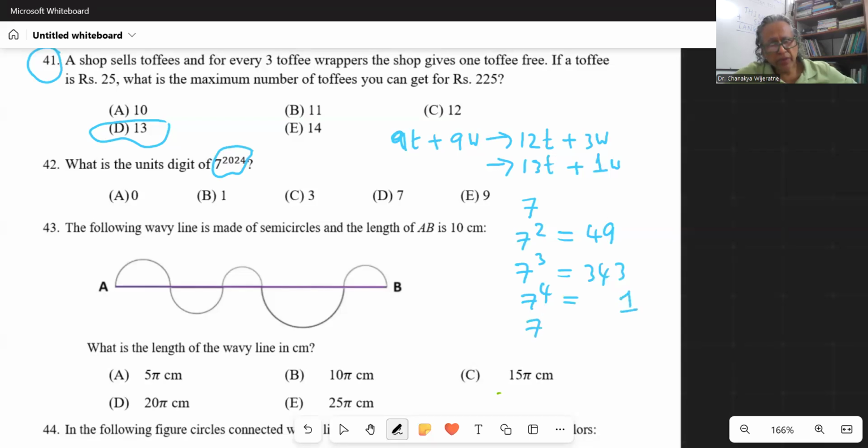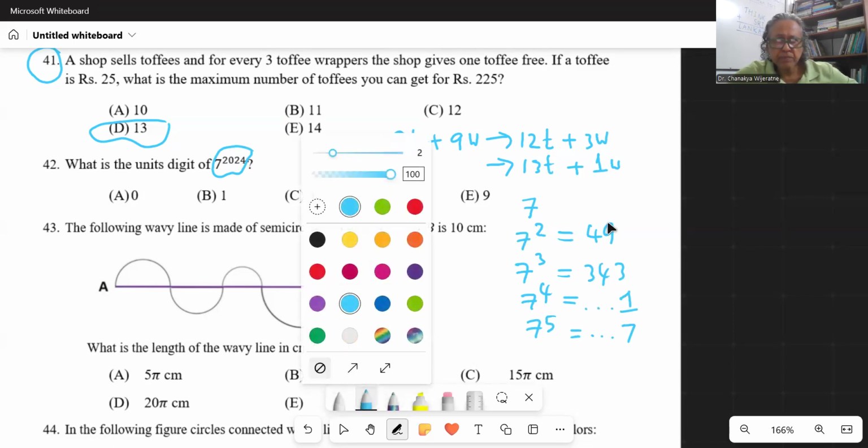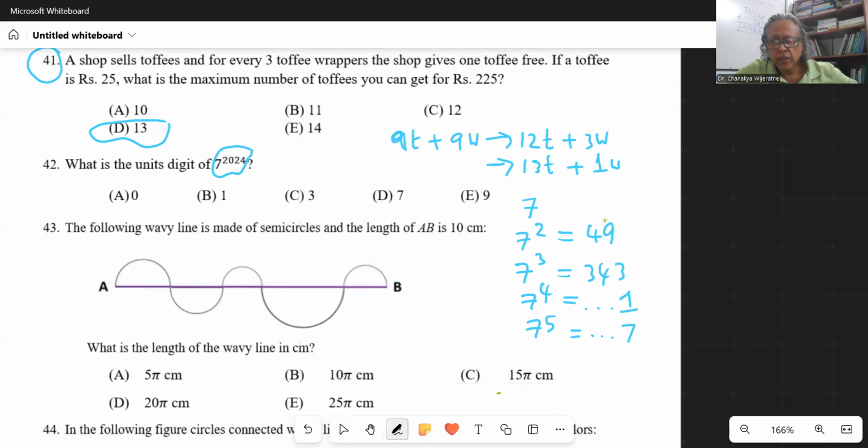And 7 to the 5, the units digit is 7 again. So the units digits go 7, 9, 3, 1, and then it repeats.